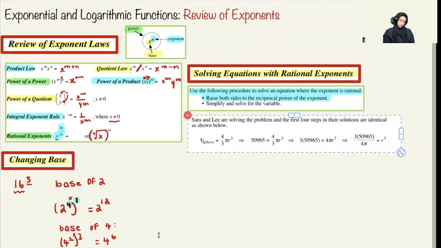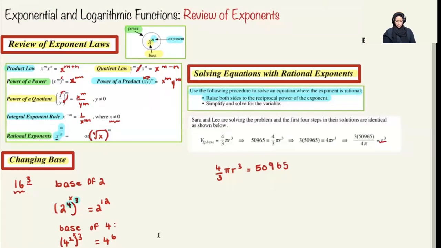So over here, they had 4/3 pi r cubed is equal to 50965. All right, so this is the equation they started with. And they wanted to solve for r. R is in this case radius, but how do we find the radius?